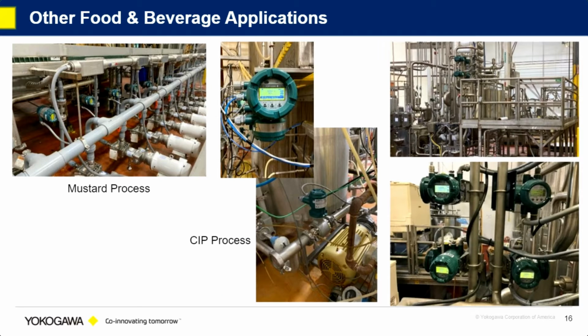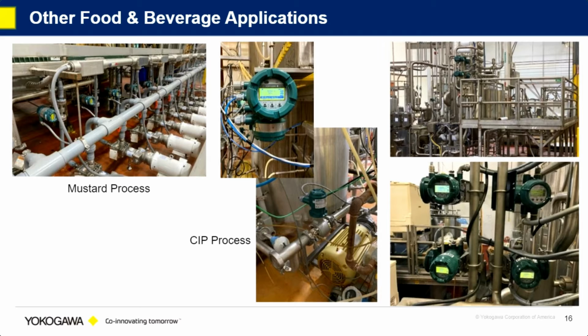In some of these industries, these are real pictures from food and beverage. In this, you can see you have some tri-clamp connections. You also see in the second photo from the left a blue cable. The food and beverage industry and some of the water wastewater markets are calling for Ethernet IP interfaces. So we've got that base covered.